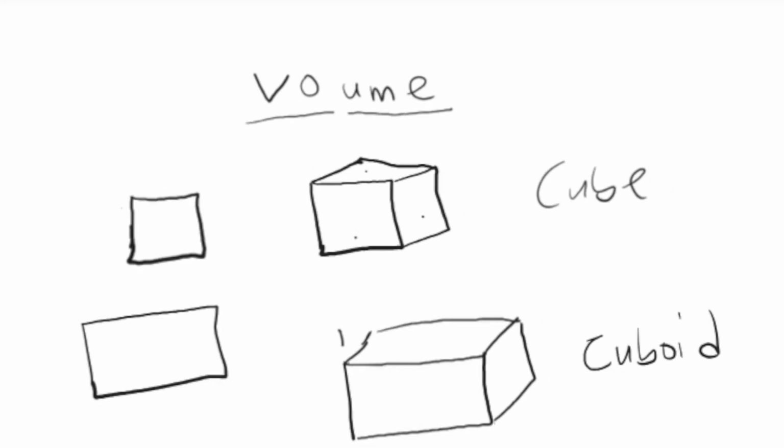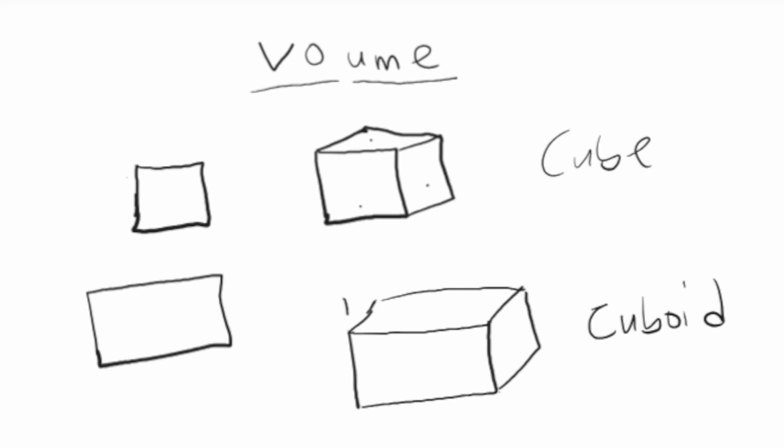As we know, the area of a square is length times length, and a rectangle's is length times width. But in this case, because we are looking at volume, it has another dimension, the height.